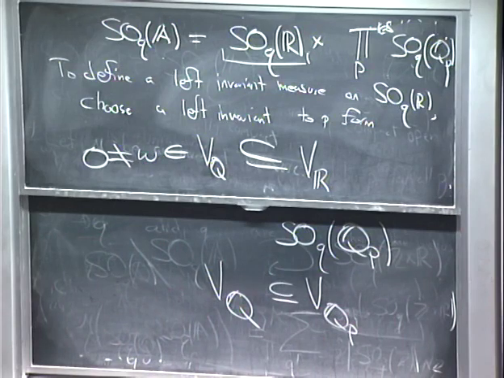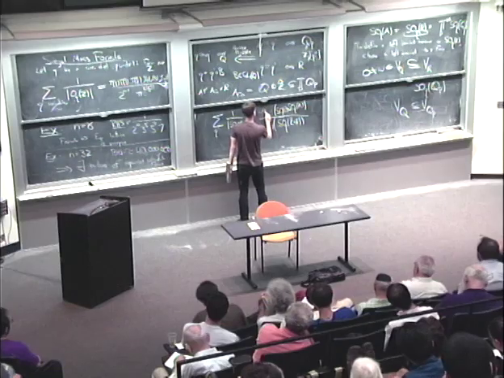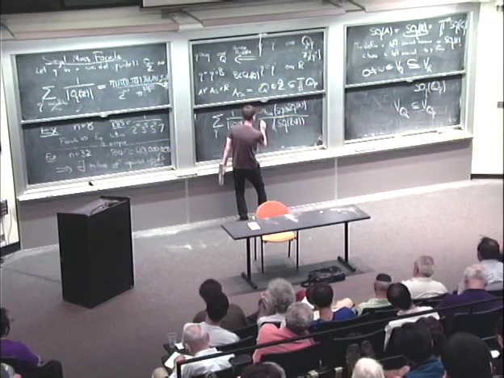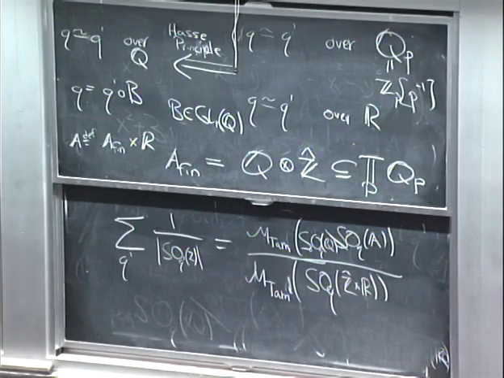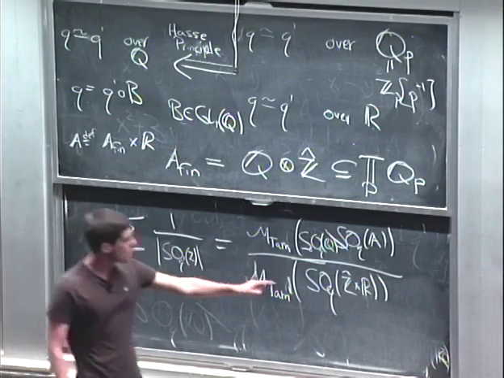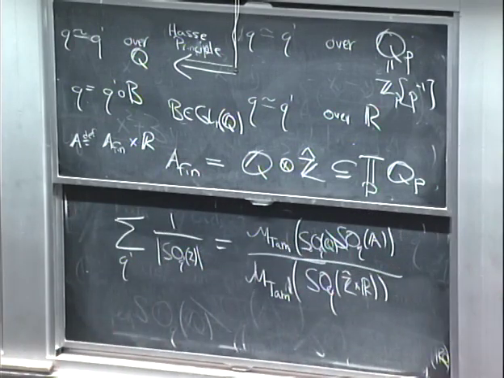So let's just go back to this statement here and rewrite it using Tamagawa measure. I'll denote it by mu_Tam. All right, so why does this help? Well, now the denominator is something that you can explicitly evaluate.